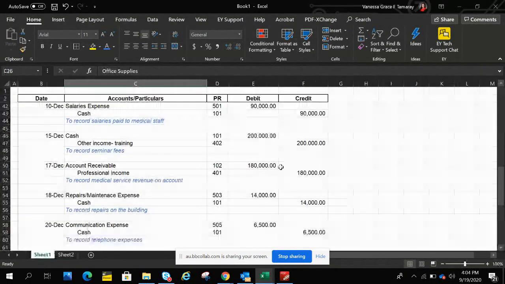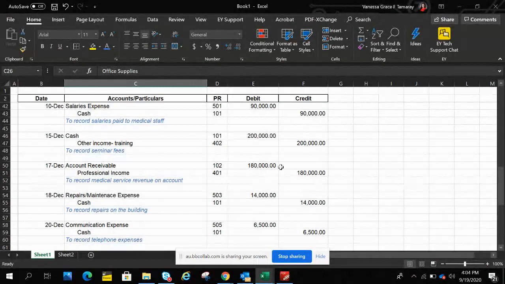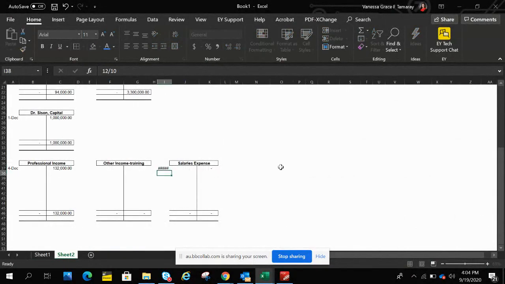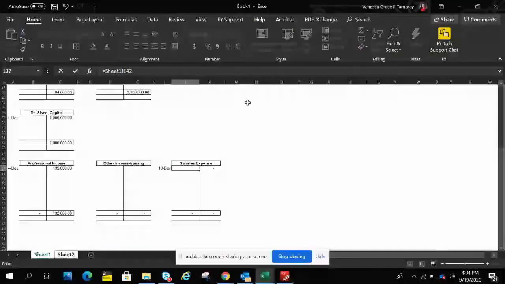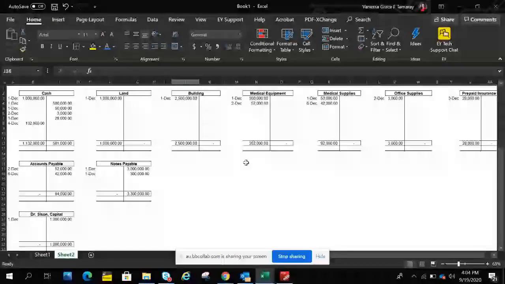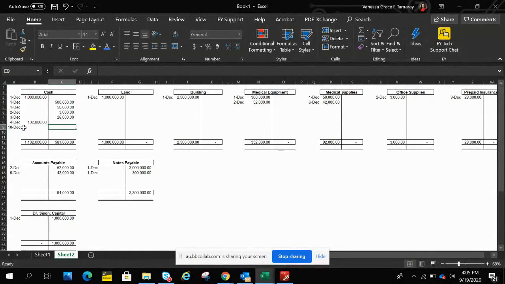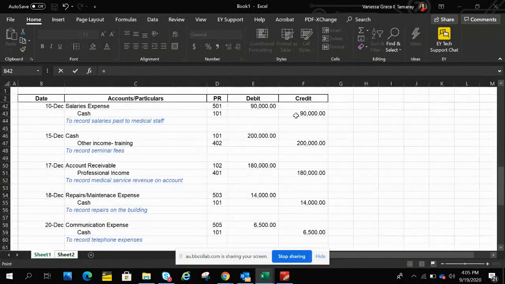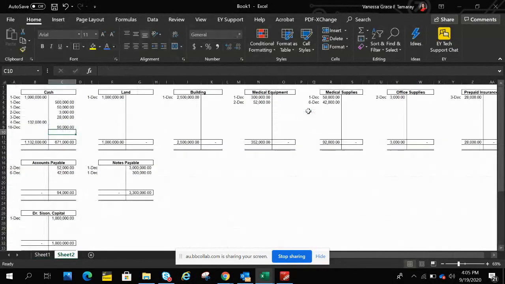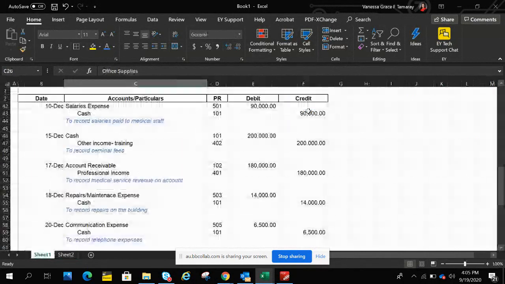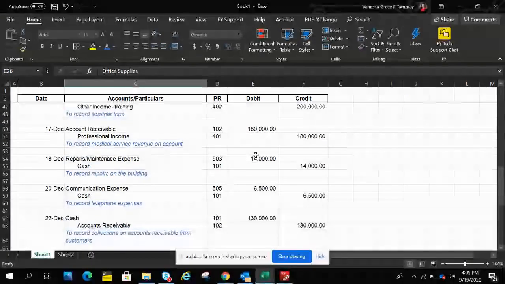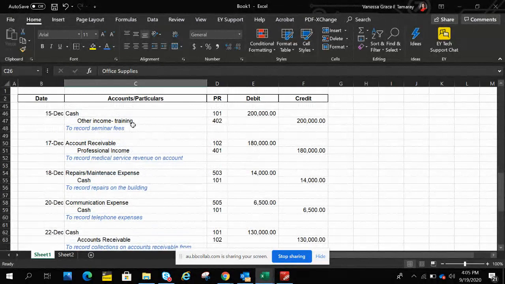We have December, debit, 90,000, and then credit cash, December 10, 90,000. Okay, next, cash, and then we have trading, other income trading.